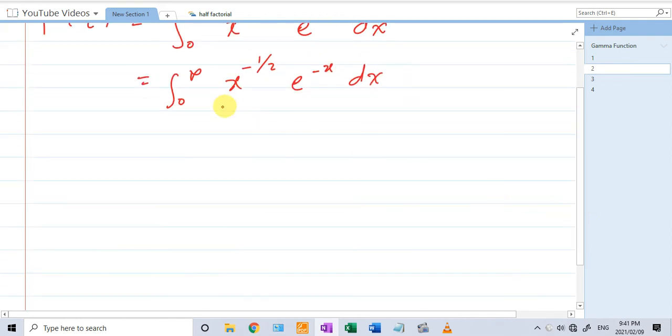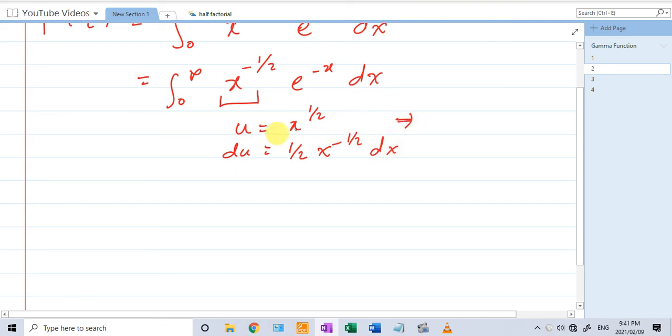We can use integration by parts in here. Remember, my final derivative should be x to the power minus half, so I can get rid of this x to the power minus half, which is causing a problem. So I will say let u be equal to x to the power half. When I differentiate this, I get du equal to half x to the power minus half dx.